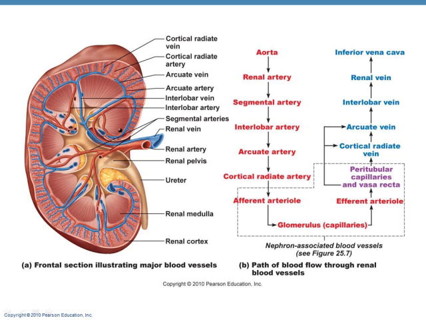This is where exchange takes place, right? When we discussed the cardiovascular system, we talked about the capillary beds and the fact that that's where exchange takes place. Well, that's where exchange takes place in the kidneys. So we see many, many capillaries in the renal cortex and feeding into this portion here, the renal medulla and the pyramids. Well, guess what's there?